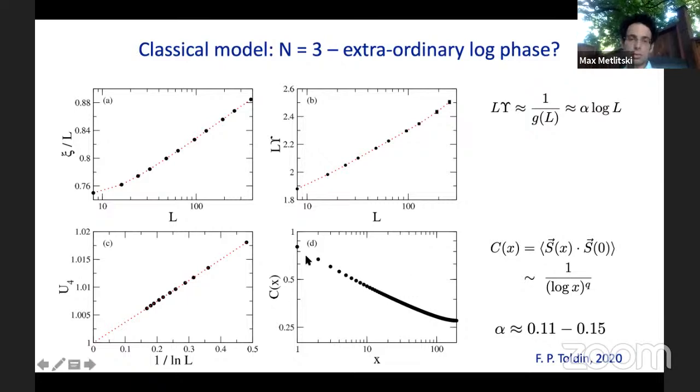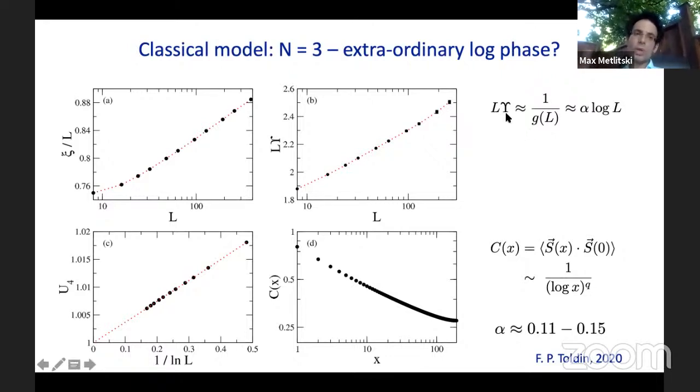So here is the 2-point function on the boundary in this extraordinary regime. The horizontal axis is log scale, so this correlation function falls off very slowly, and it's roughly consistent with a power of logarithm, like this. Perhaps an even better signature is to look at the stiffness of the system.